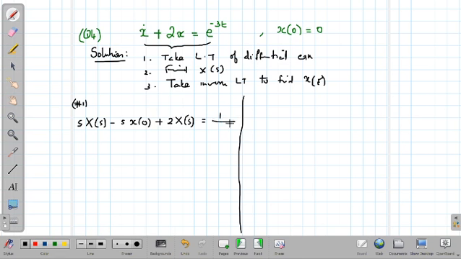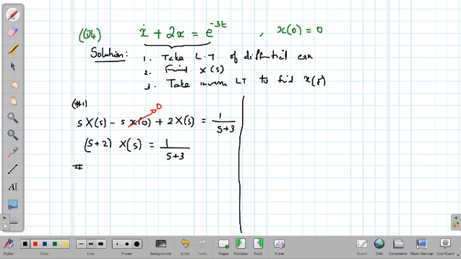It is 1 by s plus 3. Here it is given that the initial condition x of 0 is 0, so you can take this term as 0. So the remaining thing, s plus 2 into X of s equal to 1 by s plus 3.